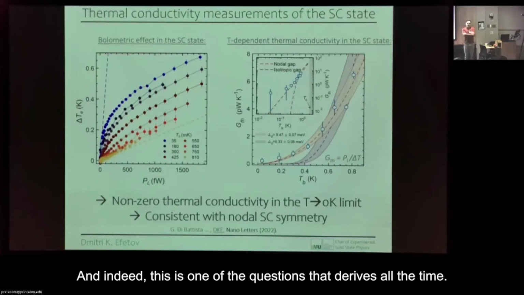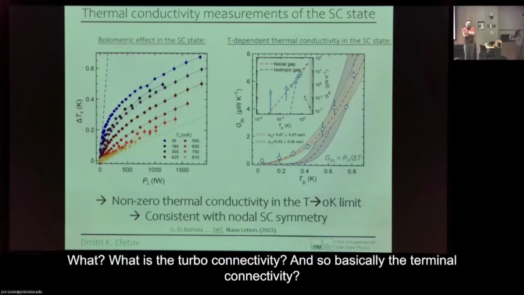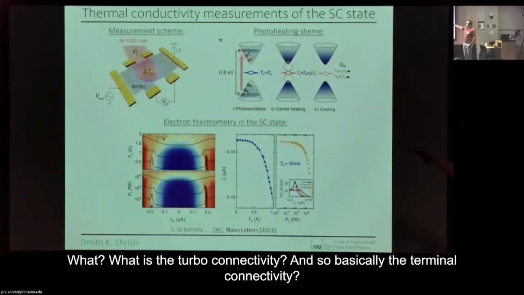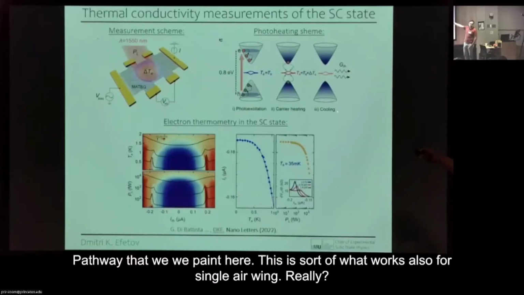and indeed this is one of the questions that arises all the time. What is the thermal conductivity? Basically, the pathway that we paint here is what works also for single layer graphene really well.